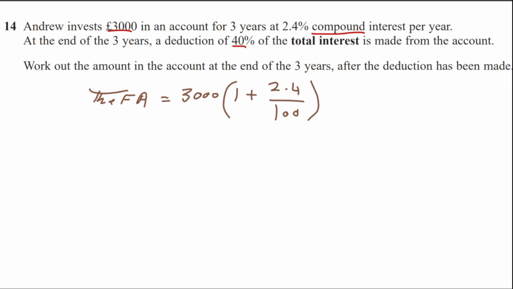How many years is it? 3 years, and it's per year. So you raise it to the number of years, so it's to the power of 3. That's very good. Now just bring your calculator and plug that in.